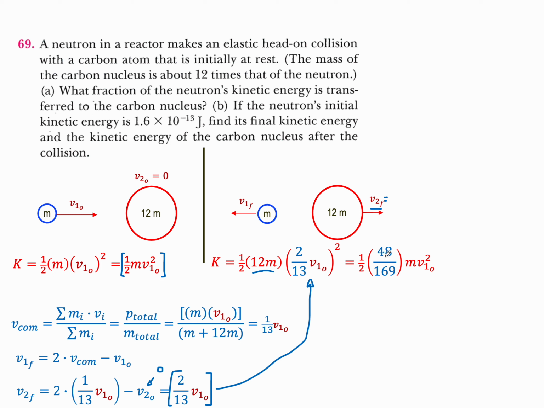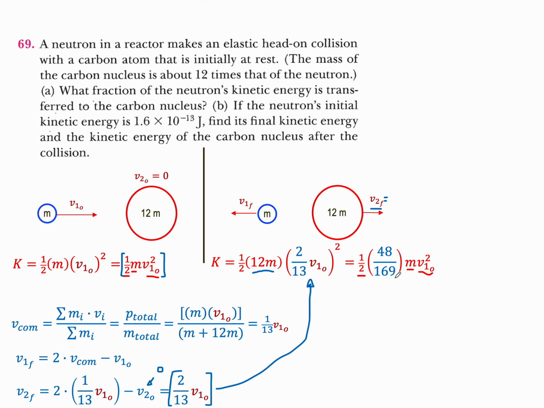How do these differ? Well, they just differ by this fraction, 48 over 169. The final kinetic energy of this is going to be 48/169 of the original kinetic energy of the neutron.